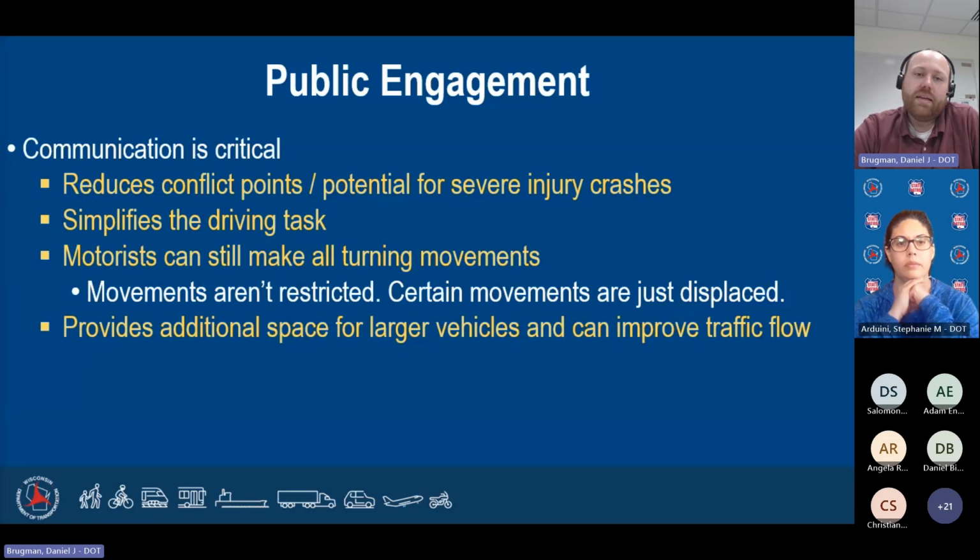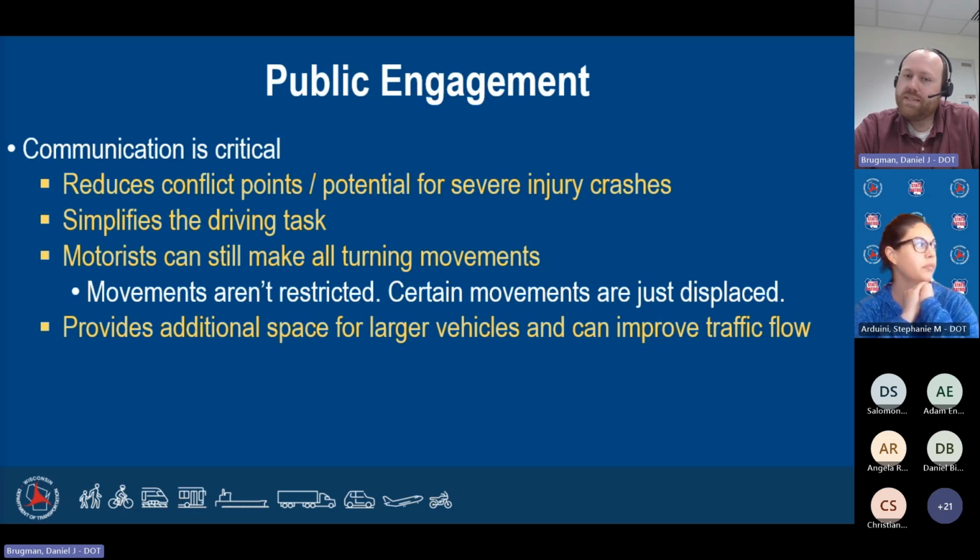If we take roundabouts as an example, Wisconsin's a leading state in the nation for roundabouts. We actually have 600 in the state, with kind of an even split between the state system and the local system, 300 on the state system. We've been successful with this by having that uniform message on the purpose of how they improve intersection safety.